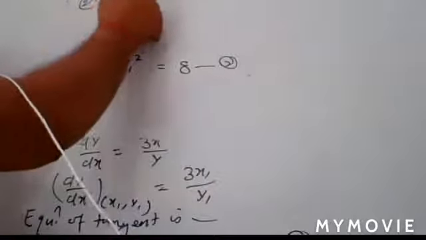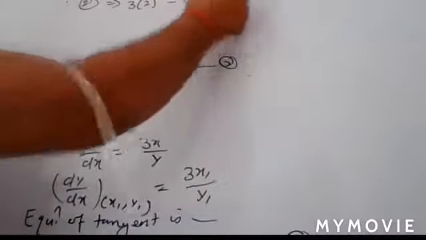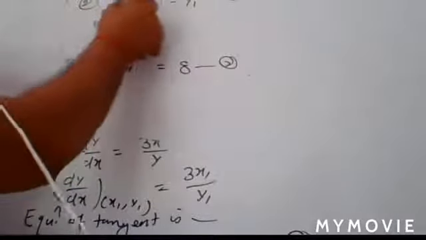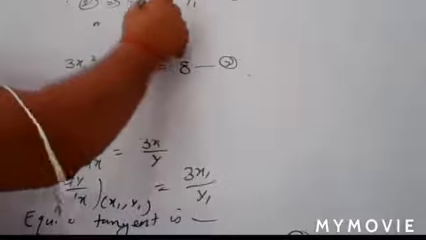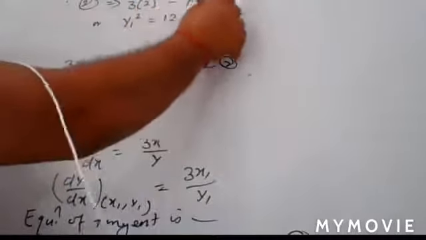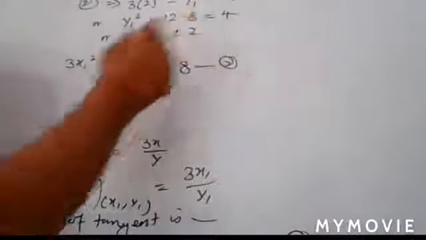So you have 3 into the square of 2 minus y1 square is equal to 8, so y1 square is equal to 12 minus 8, which is 4. So the value of y1 is equal to plus minus 2.